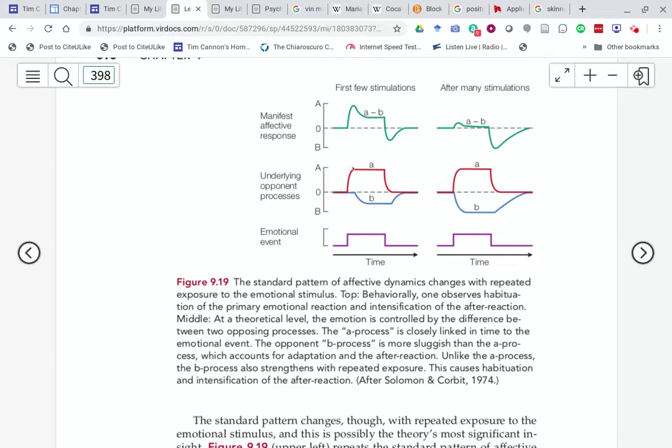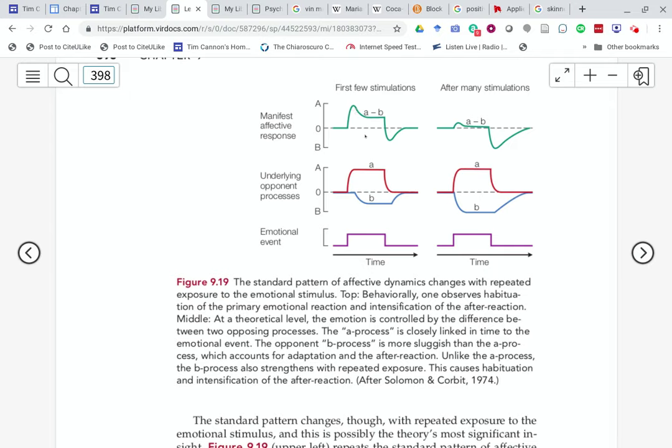So see how this turns out. At first, your drug hits you like a ton of bricks, and you have no B function. So you are so happy. Oh my God, this is the best thing ever. But then your body starts compensating, and you're still way above baseline.